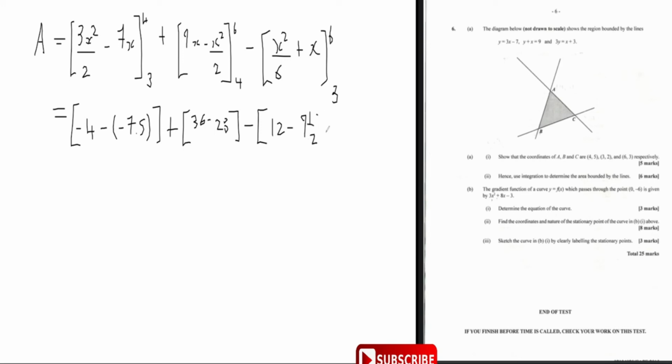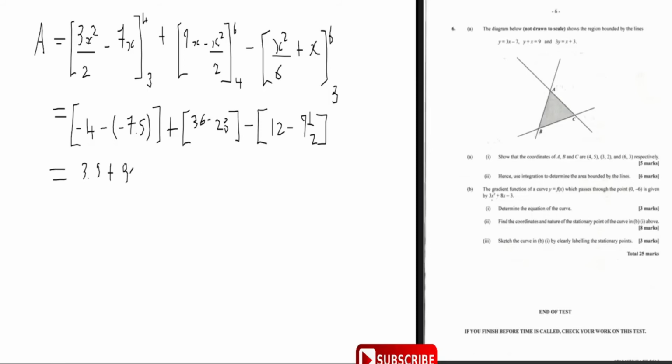Okay, almost finished. So now I put all of this in my calculator. Minus 4 minus 7.5, this part is 3.5. Plus this part is 36 minus 28, that's 8.